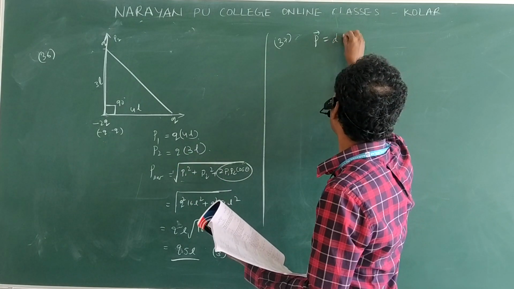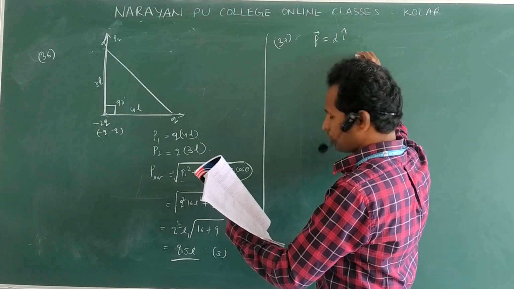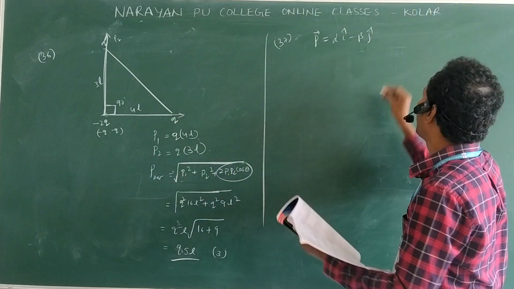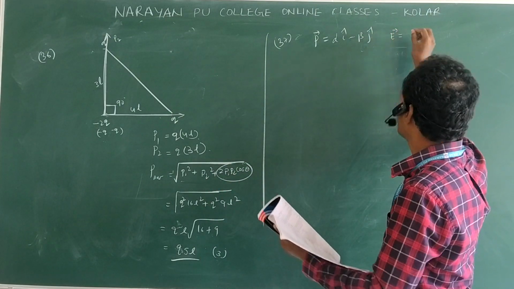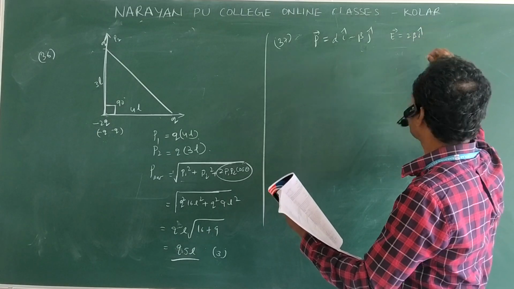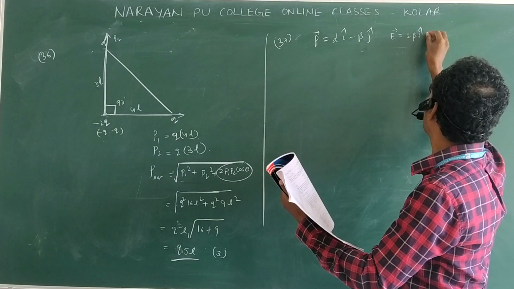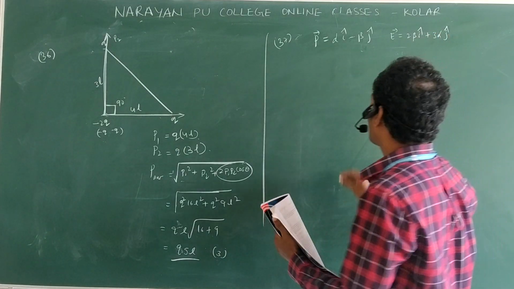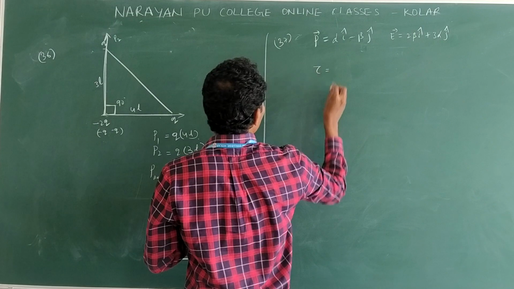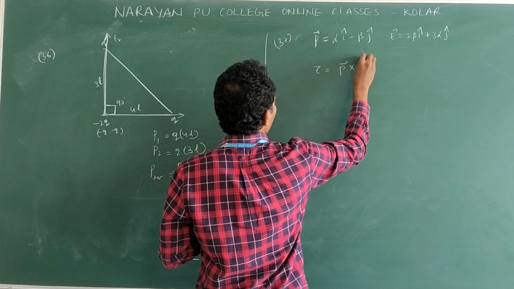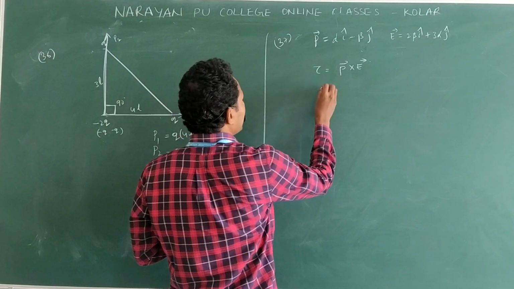P is equal to alpha i cap minus beta j cap, and E is equal to 2 beta i cap plus 3 alpha j cap. Torque formula: torque is equal to P cross E.